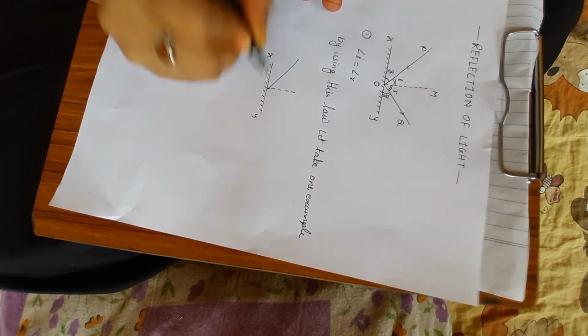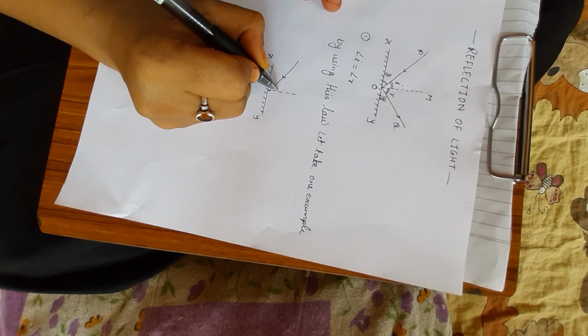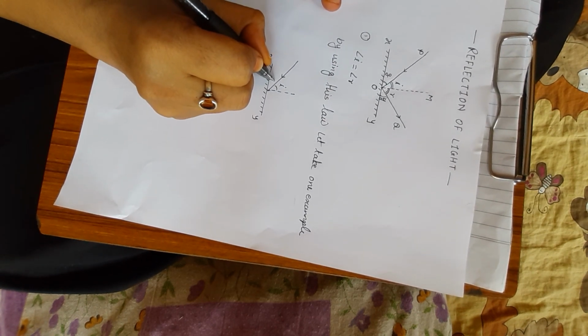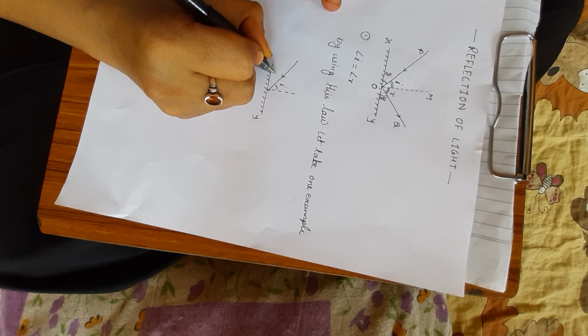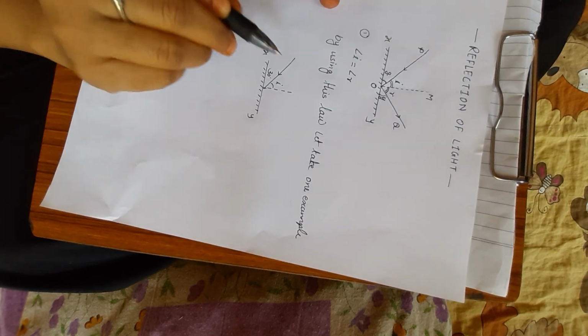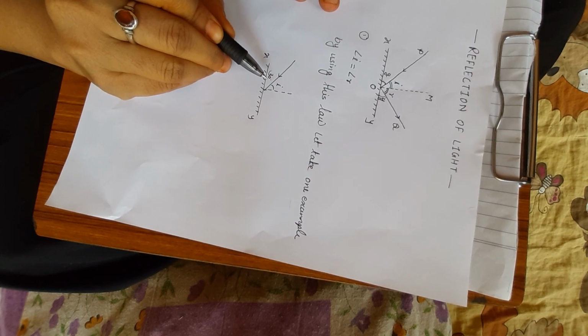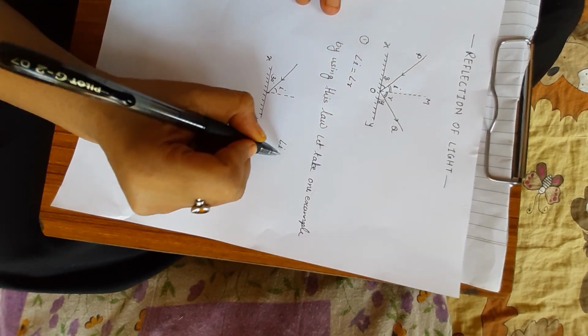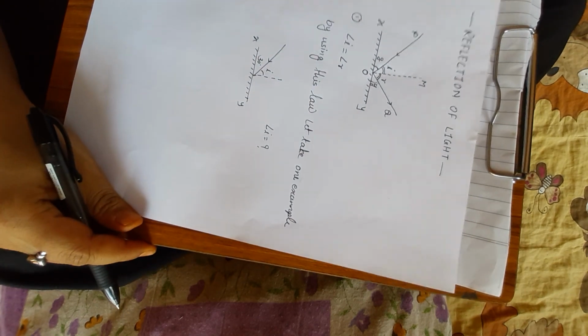If the incident angle i is here, and if this glancing angle is given to you as 30 degrees, then what is the value of i? That is, the incidence angle is equal to question mark.